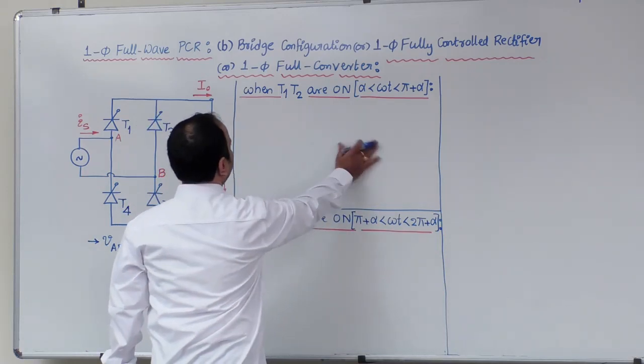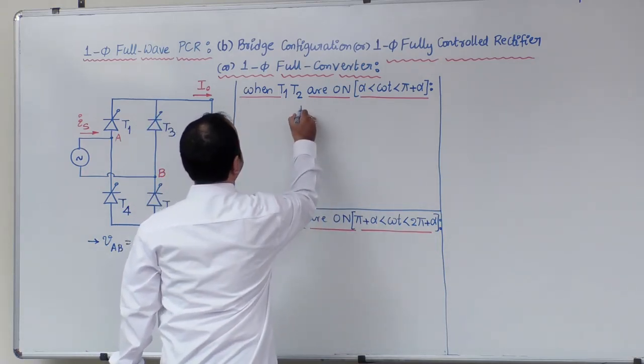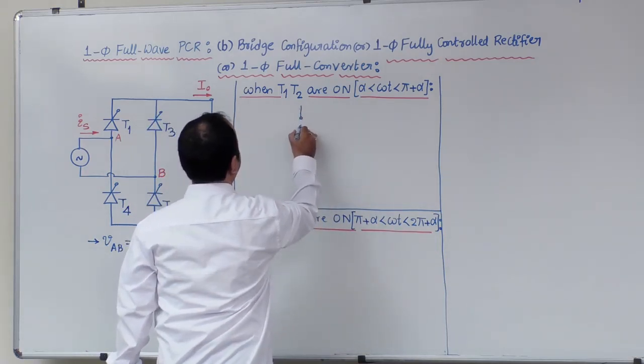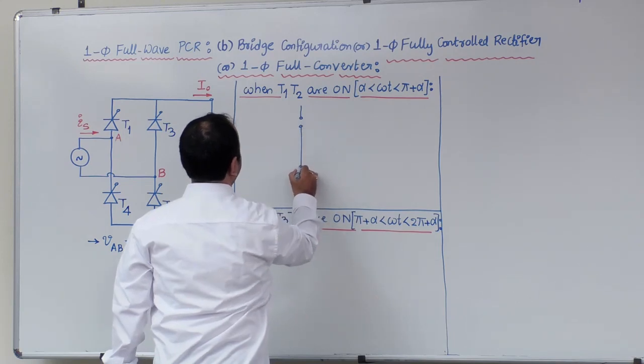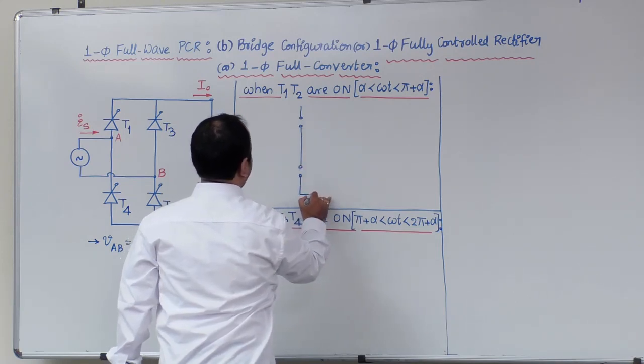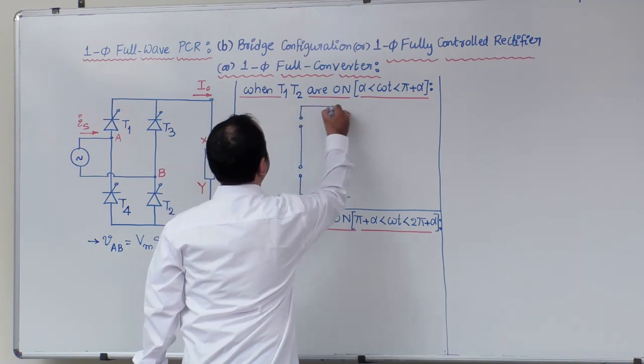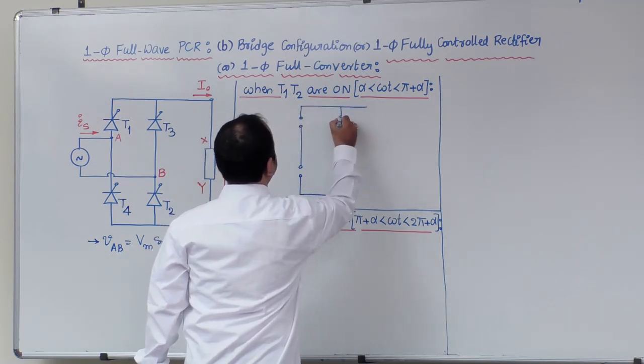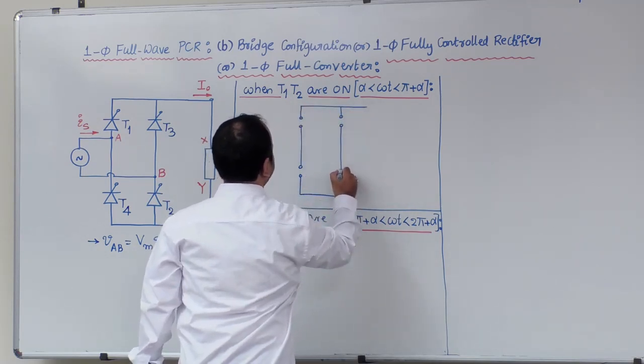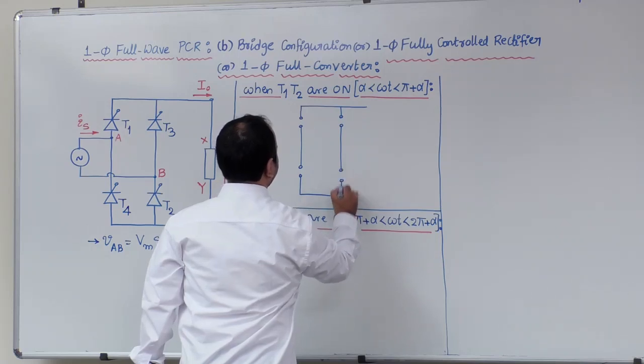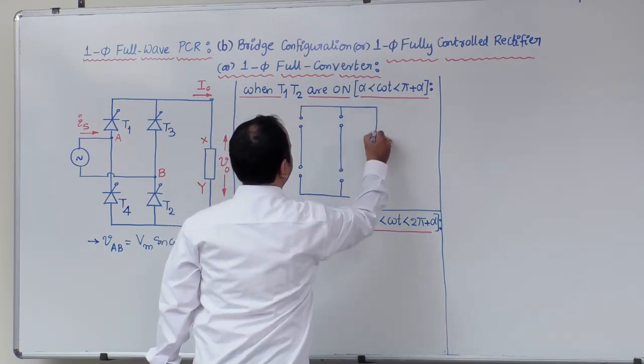Let us draw the equivalent circuits when these pairs of devices are in conduction. Follow this procedure carefully; it makes understanding very easy. First draw the 4 devices open, T1 T3 in the upper half, T4 T2 in the lower half.